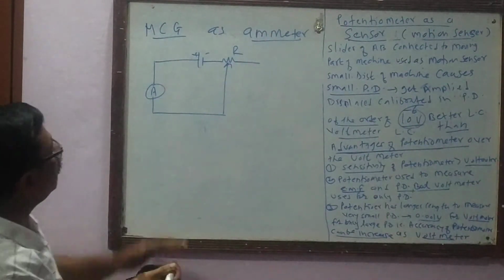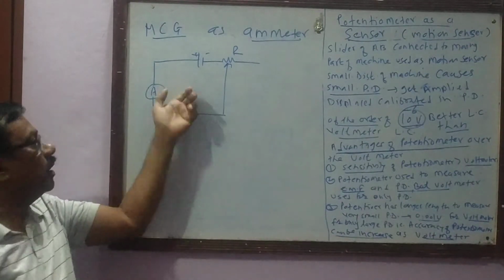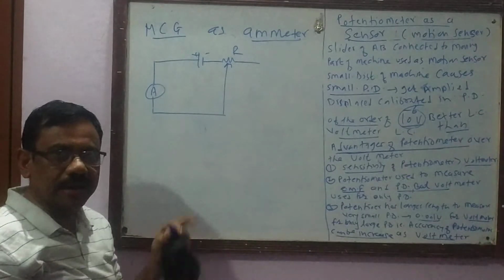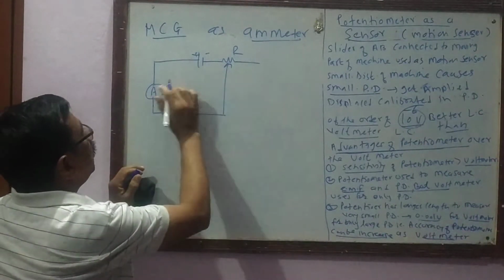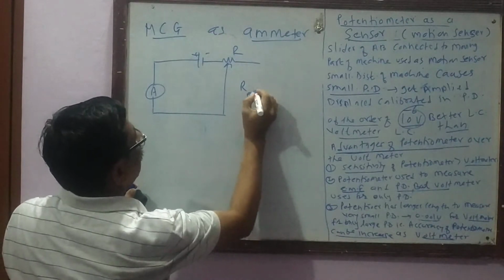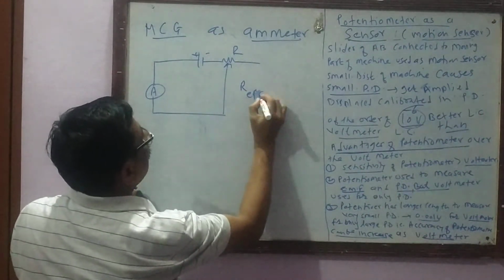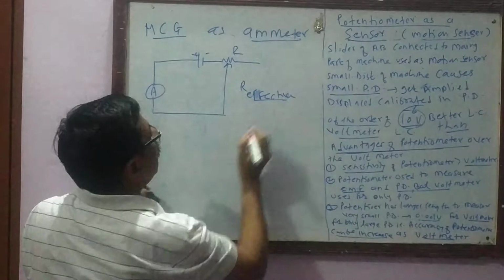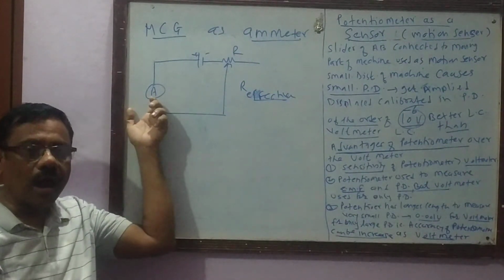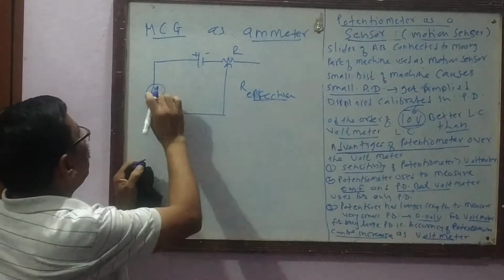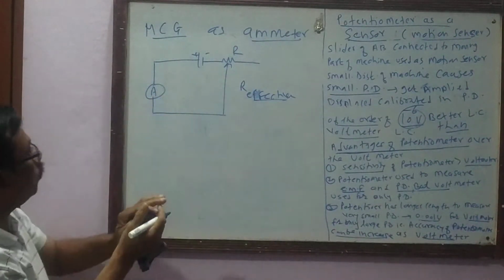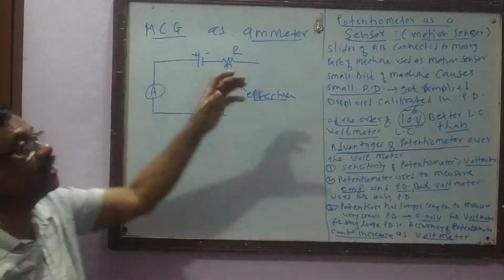Now in order to measure the current in any circuit, the ammeter is connected in series, so that the effective resistance R of the circuit increases when it is connected in series, and so it decreases the value of current which is to be measured in the circuit. And due to this reason, the ammeter must have low resistance.